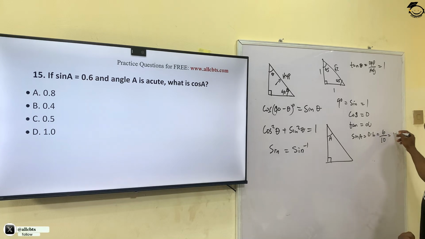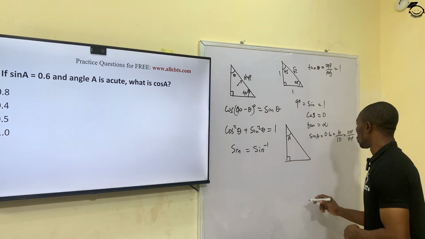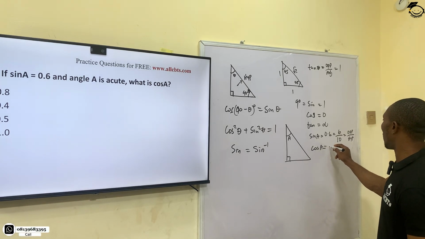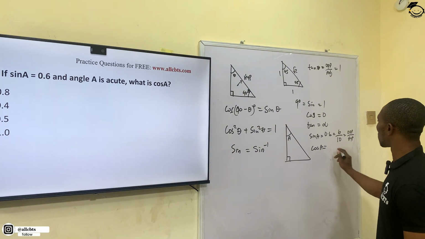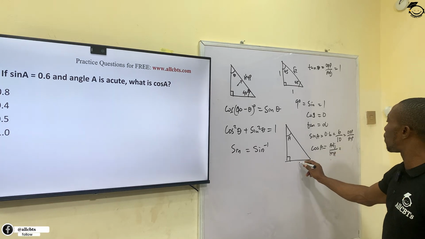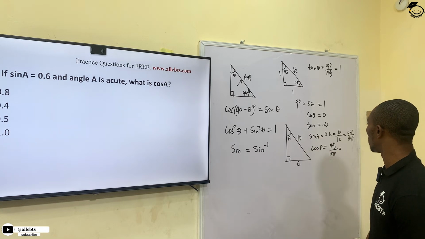So this will be our opposite over hypotenuse. So cos A equals adjacent over hypotenuse. But now, if we know that our opposite is 6 and our hypotenuse is 10, we need to find our adjacent.